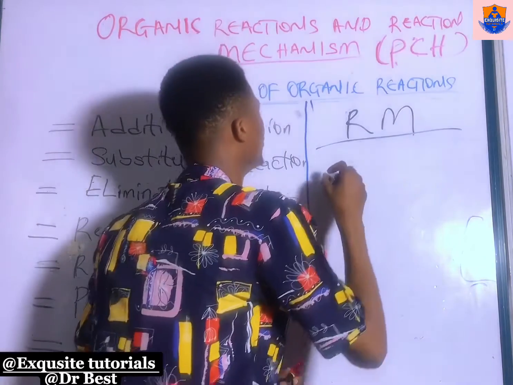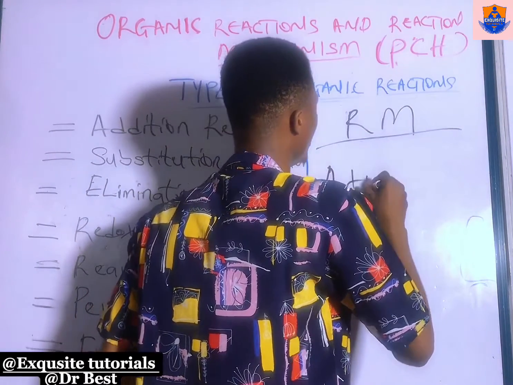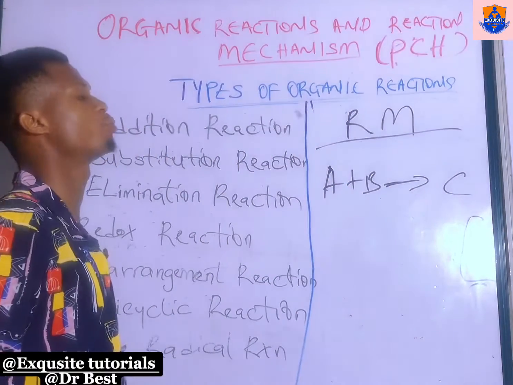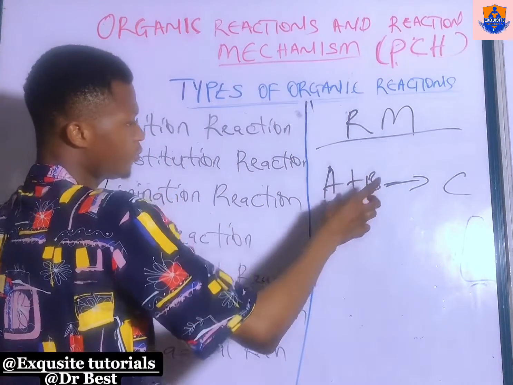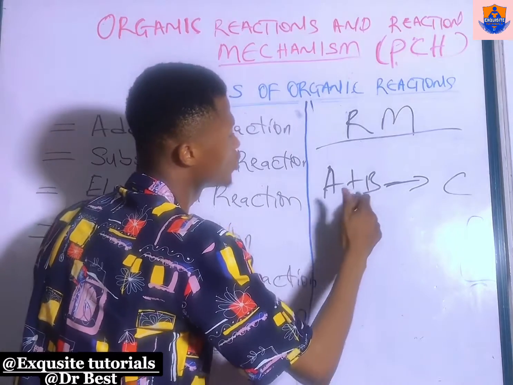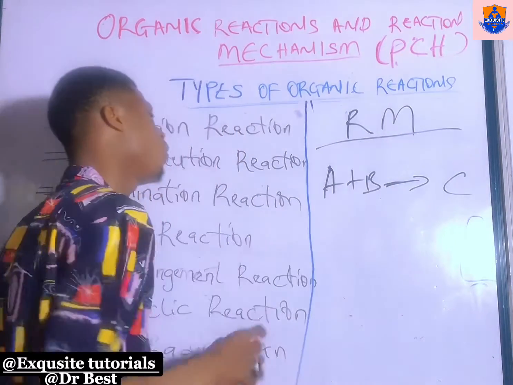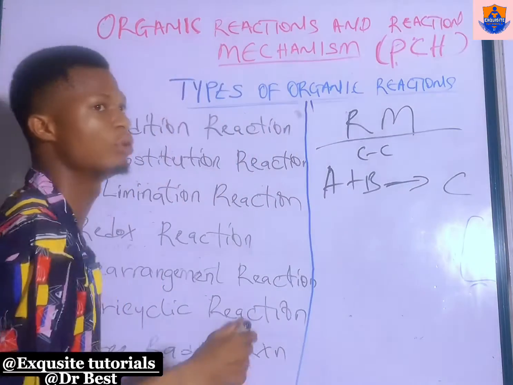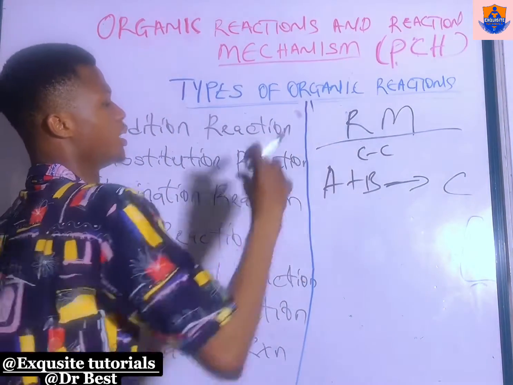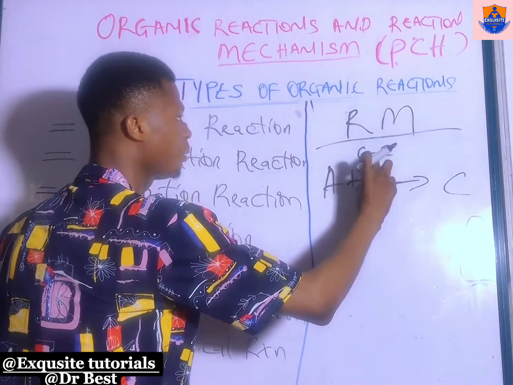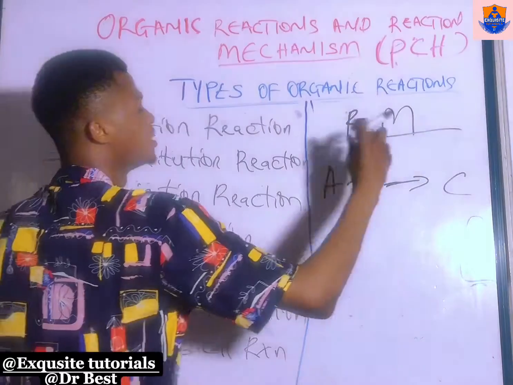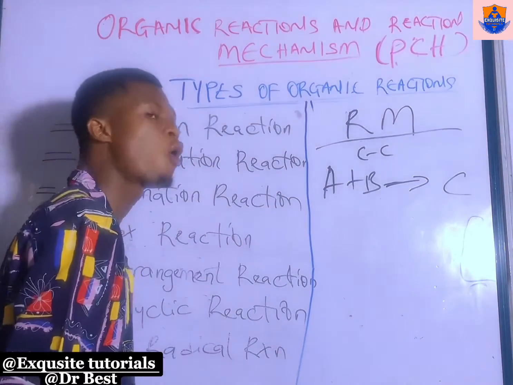Let's say we have a reaction A plus B to give us C. Compounds or molecules are joined together by bonds. This is a bond. The processes whereby bonds leave from one atom to another to give you the product is what we consider the reaction mechanism of that reaction.